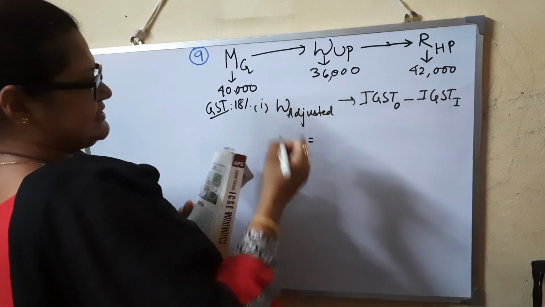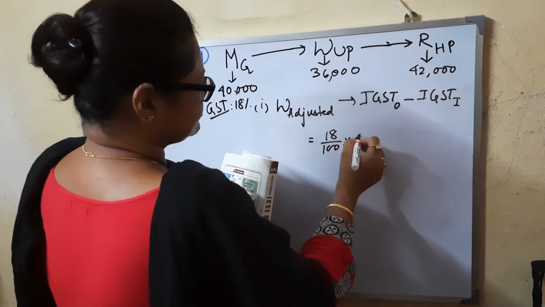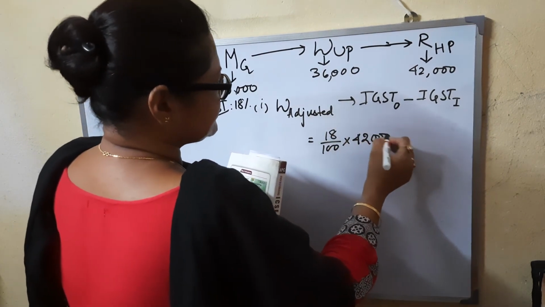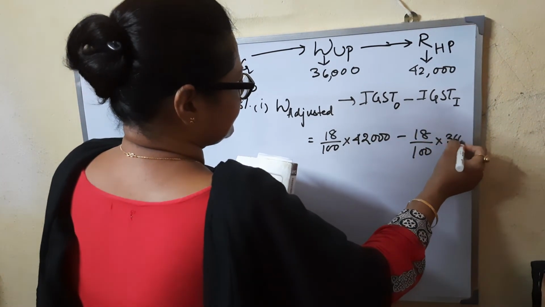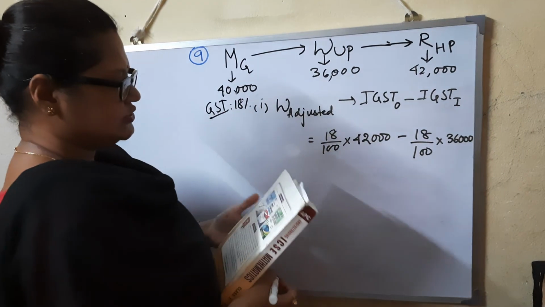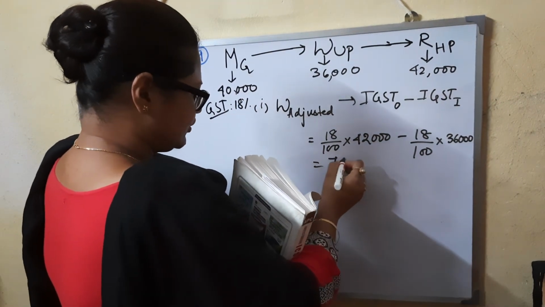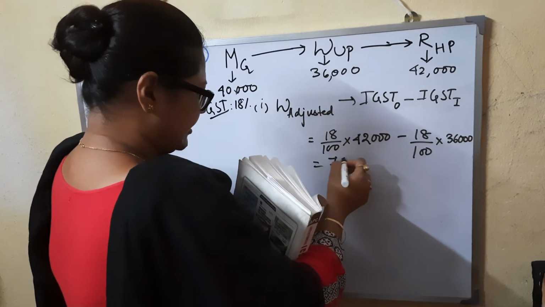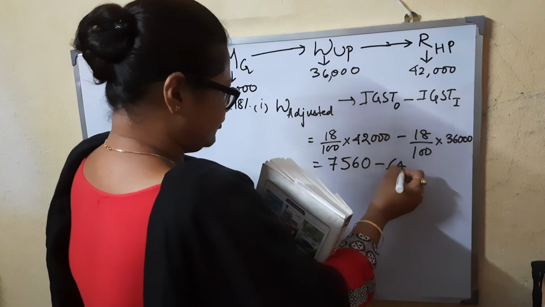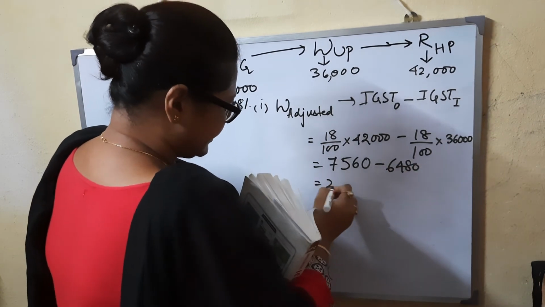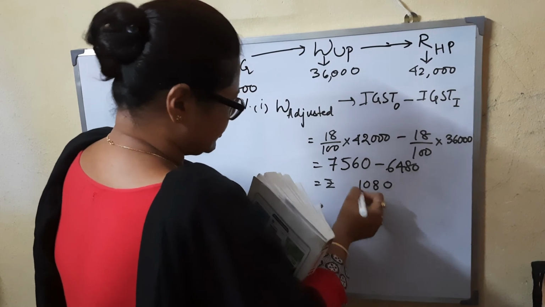That means 18% of this minus 18% of this. If I have not made a mistake, this value was 7560 and this was 6480. So we get 1080.